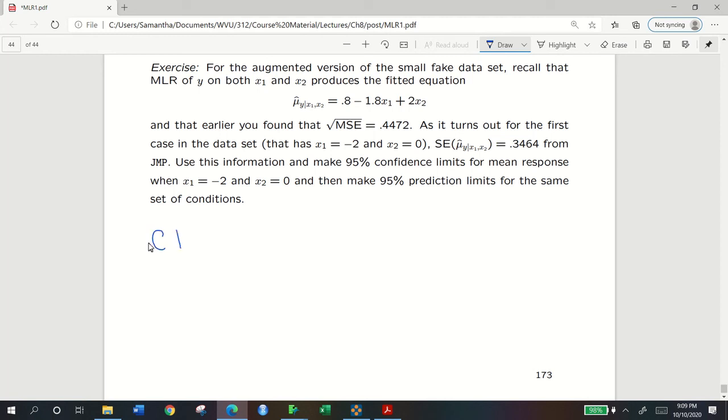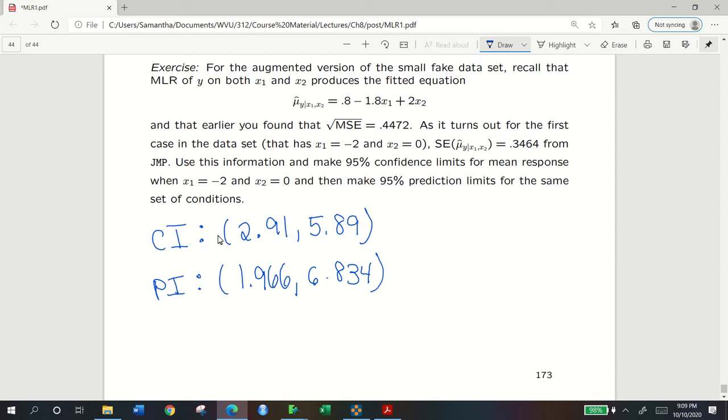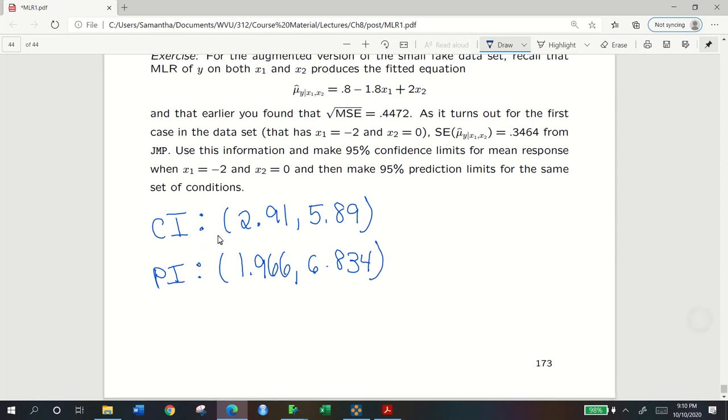The confidence interval for our small fake data set goes from 2.91 to 5.89, and our prediction interval will be from 1.966 to 6.834. Again, give this a try on your own, and if you have any questions, please shoot me an email.